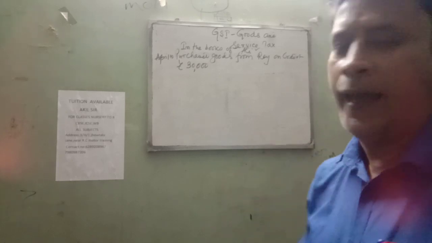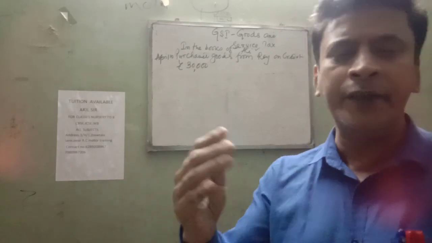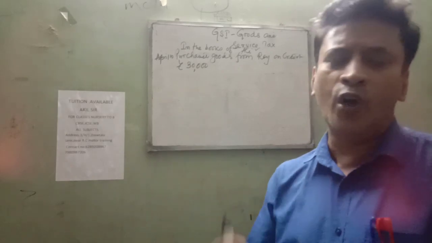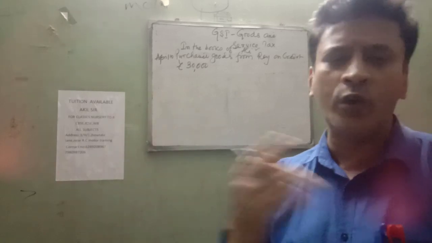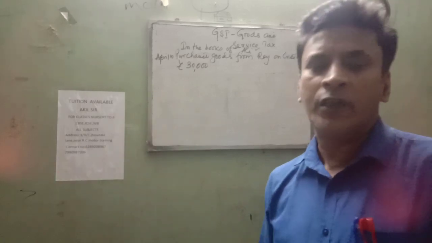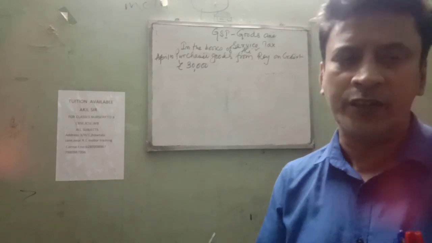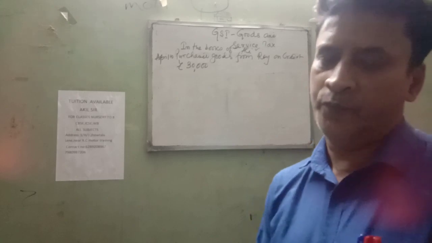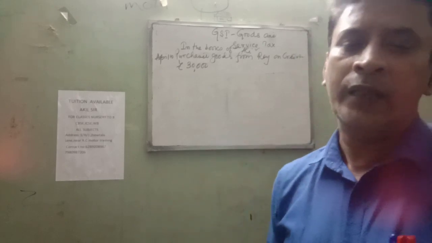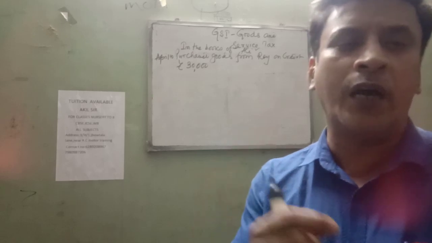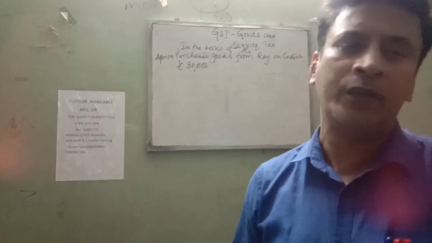And when we are selling goods to a customer, and when the customer is going to pay us, the customer wants a discount from us, which is known as discount allowed to customer. So discount allowed is a loss to the business. That is why discount allowed is debited while getting payment from the customer.